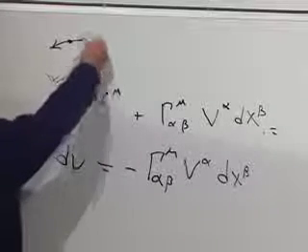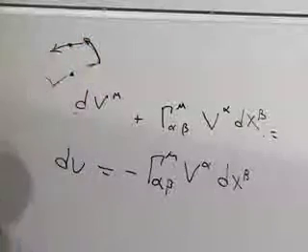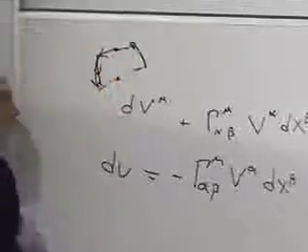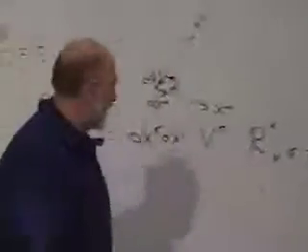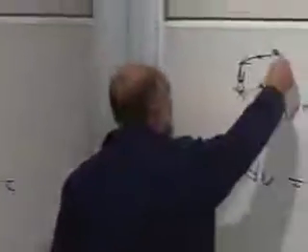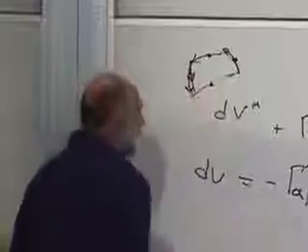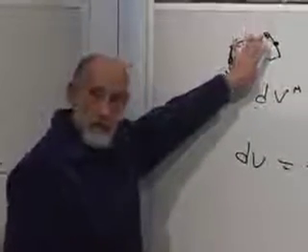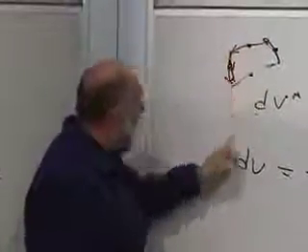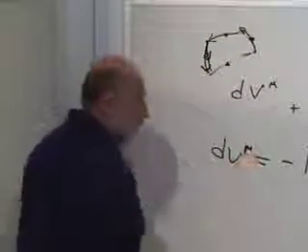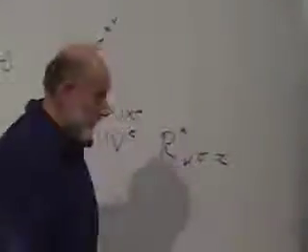Also, when you go from here to here, the change in V does not cancel the change when you come back along this arc of the rectangle. Why? Because the Christoffel symbol varies from here to here. So because the Christoffel symbol varies as you move around, by the time you get back, the change in V mu is not equal to 0.